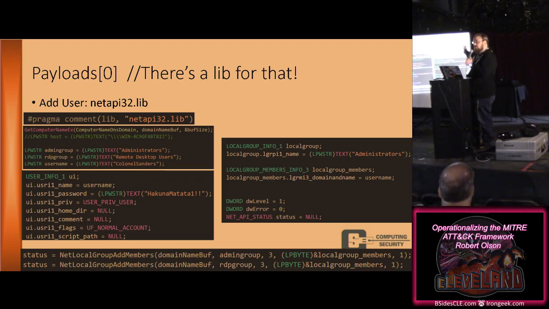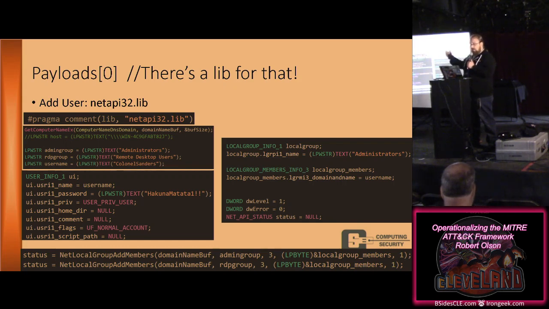You specify the groups that you want this user to be in. So you can see that I'm adding a user called Colonel Sanders, who was our fictional candidate in the election. So we got Colonel Sanders elected even though he wasn't actually running. We added him to administrators on the local machine and remote desktop users.